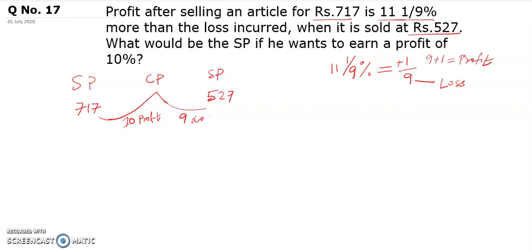and this is loss. Now we will take the difference of SP. Our difference is how much? 717 minus 527, and this will give us 190. So this is the difference of SP, selling price.